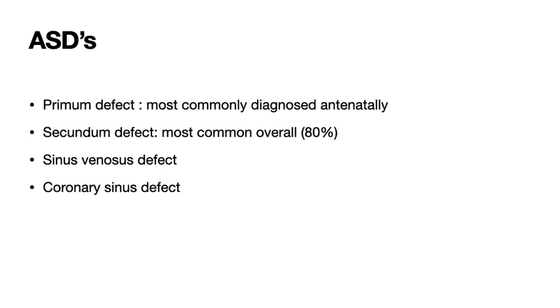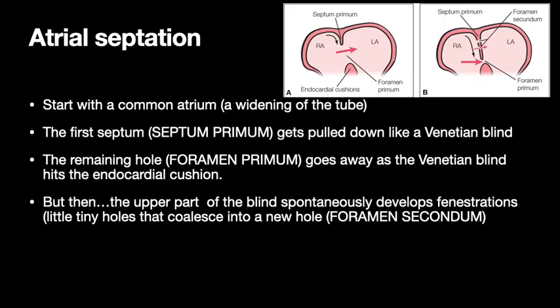And the other two types of atrial septal defects, which allow for an interatrial communication, are sinus venosus defect and coronary sinus defect. All right, let's pull a couple slides back from the early lecture on embryology and talk about atrial septation. Just makes it easier to understand atrial septal defects.